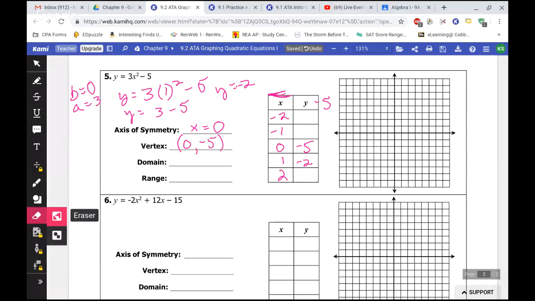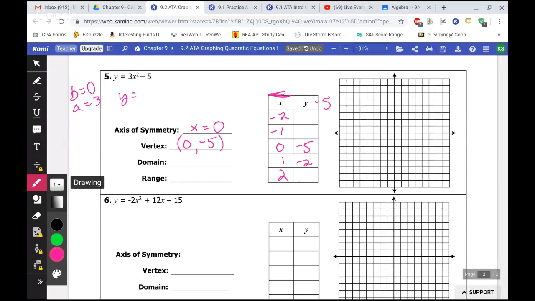So what other answer do you think is going to be negative 2? What other x value is probably going to return a negative 2? -1. Yes, good job.